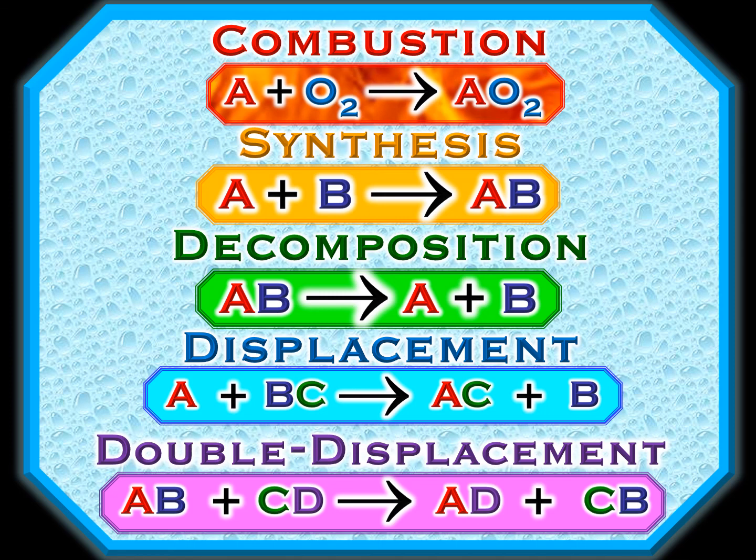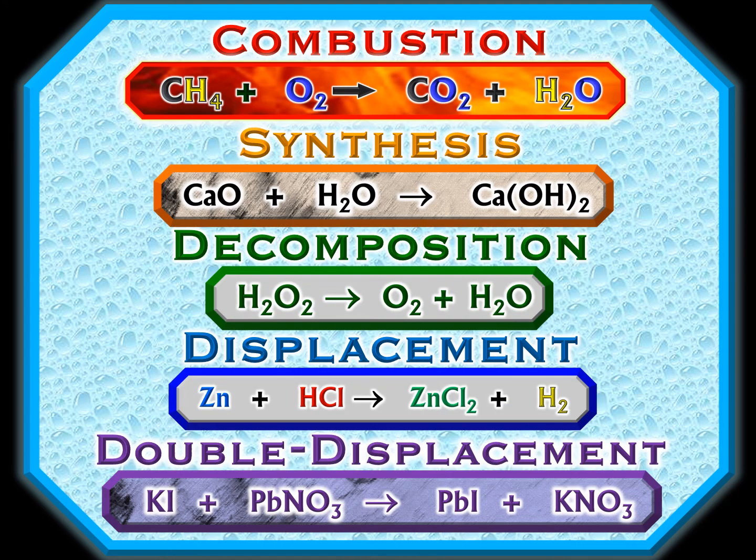You just have to be able to distinguish between these 5 reaction types. And here we can see actual examples of each of the reaction types, some common examples of each, some of which I covered in the notes, and some of which we saw in the reaction types lab. You can come back to this one if you need an example to look at, okay? But these are very, very typical examples of these reactions.